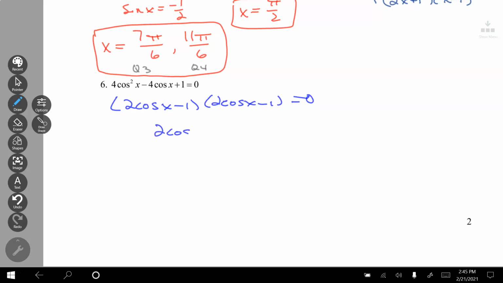But this is really just 2 cosine of x minus 1 squared is equal to 0. 2 cosine of x minus 1 is equal to 0. Cosine of x is equal to add 1 divided by 2.